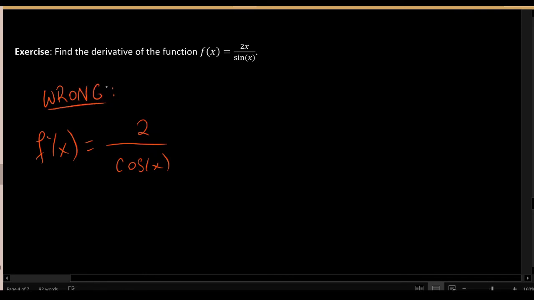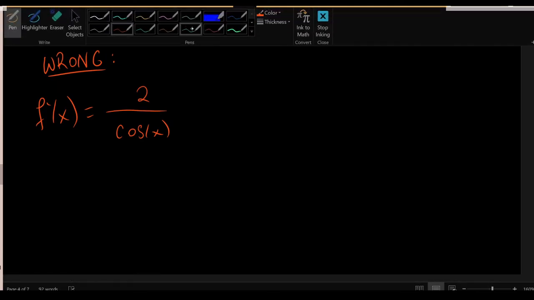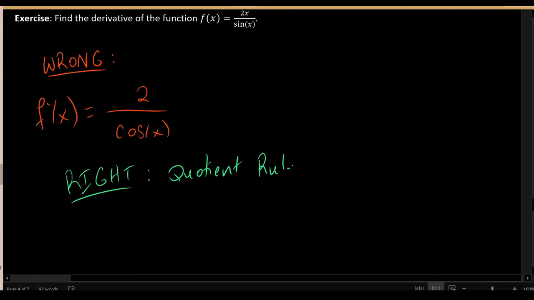They're trying to use a L'Hopital's rule idea, but this isn't a L'Hopital's rule problem, because we're not being asked to calculate a limit. We're being asked to calculate a derivative of a quotient. And for derivatives of quotients, not limits of quotients, we need quotient rule.